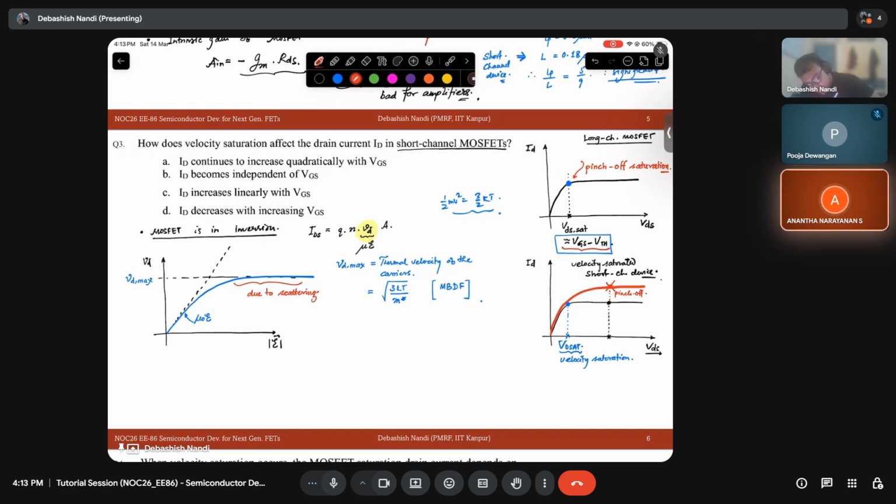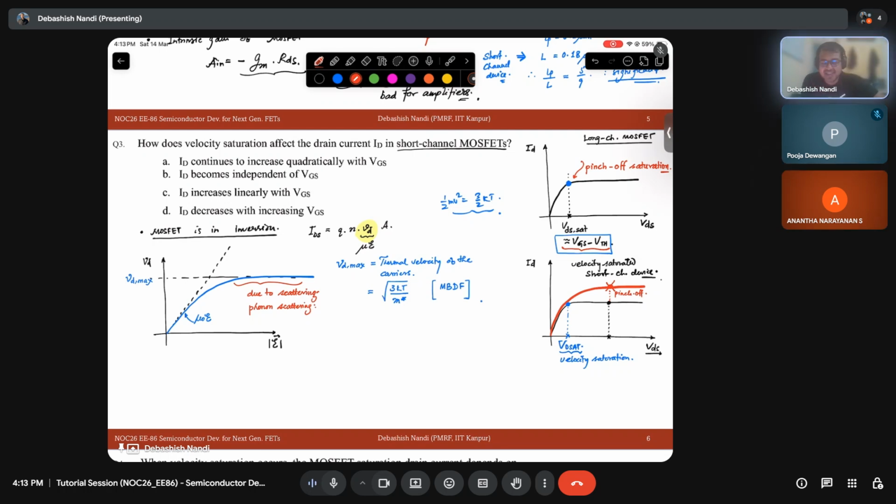Let's say Coulomb scattering, phonon scattering. What type of phonon scattering? Lattice phonons. No, actually, I keep asking you advanced stuff. Anyway, this basically happens due to optical phonon scattering at higher energy.